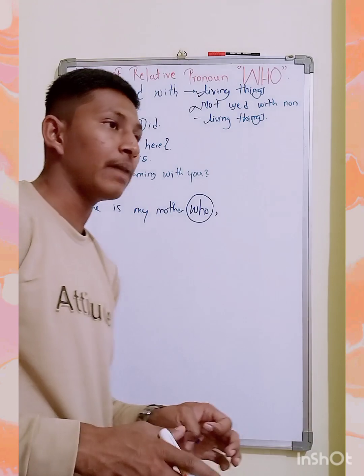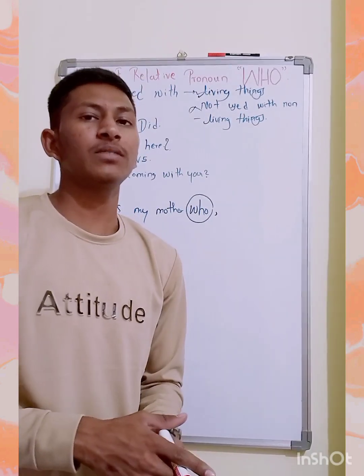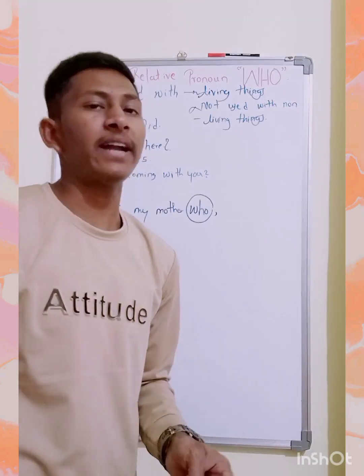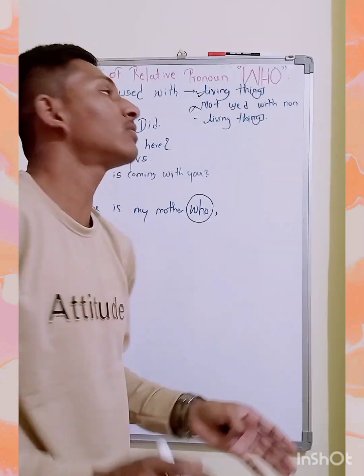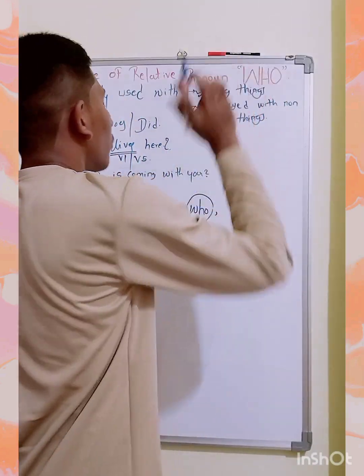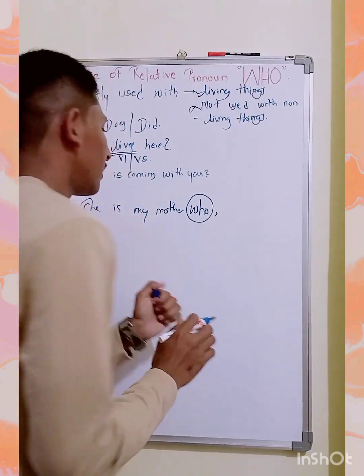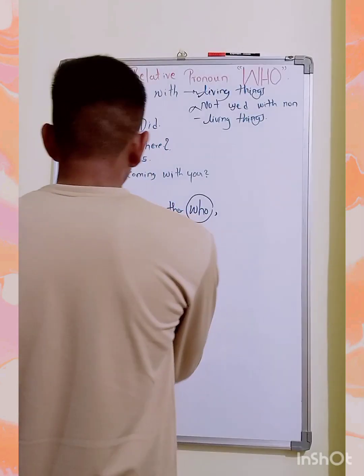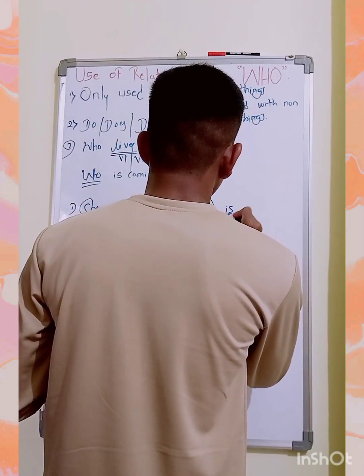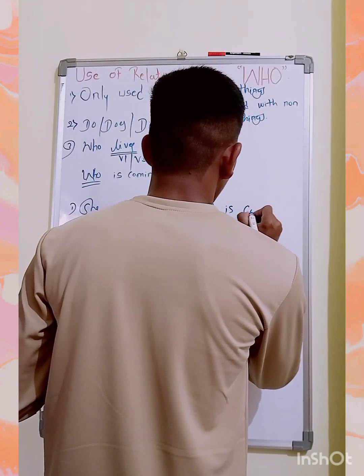I am highlighting this to inculcate in your mind the different functions of the relative pronoun who. So now, what is the mechanism of who? She is my mother who is combing her hair.